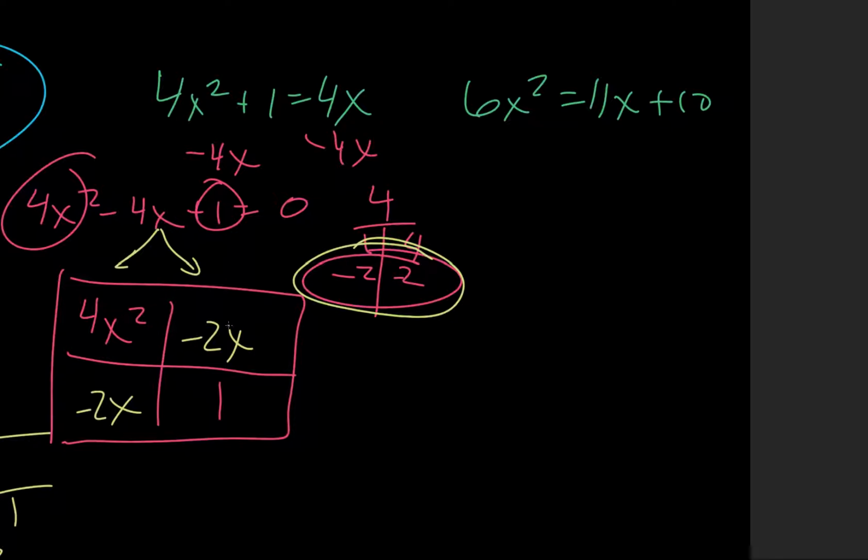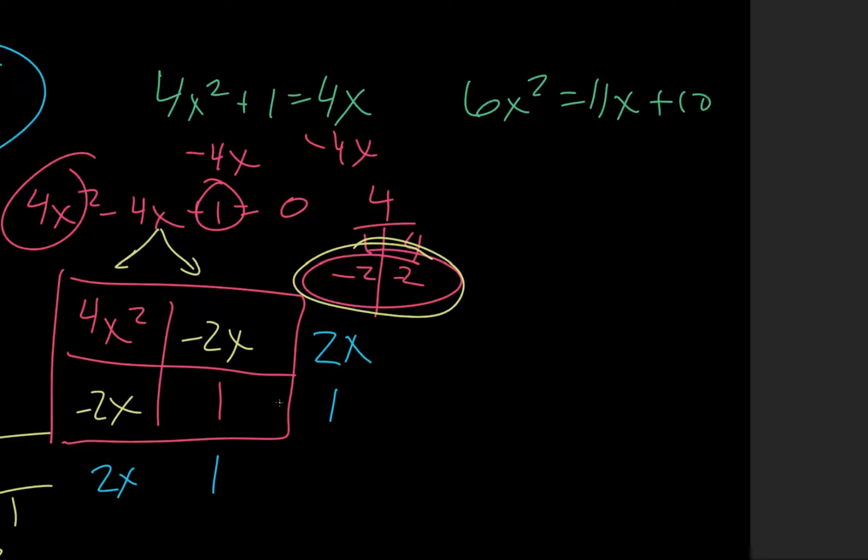And then we just need to factor out what we can. So we can factor out a 2 from here. We can factor out an x. And from here we can just factor out a 1. From this column right here, we factor out a 2x. From this column, we factor out just a 1.